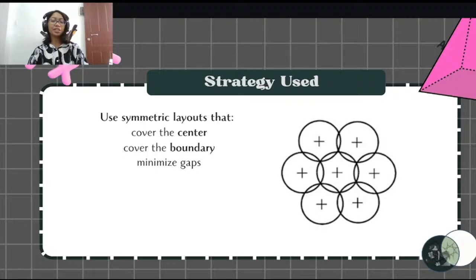Then, we'll place additional speaker stations around the center speaker stations to cover the boundary and minimize the gaps.